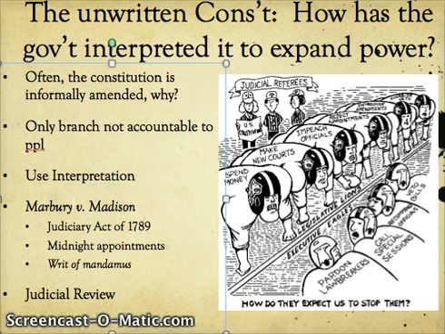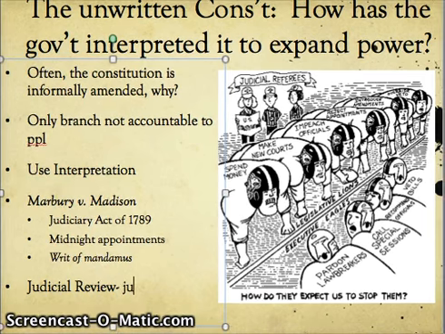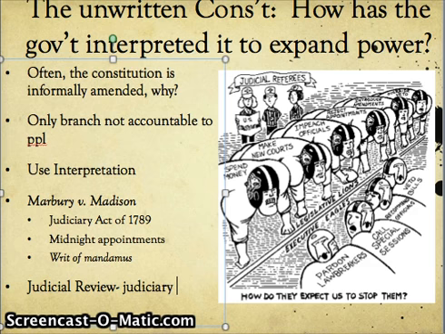Or he could avoid making Madison serve up that judgeship, and then he would upset his own party. So what he decided to do is say the Judiciary Act is beyond the scope of Congress.